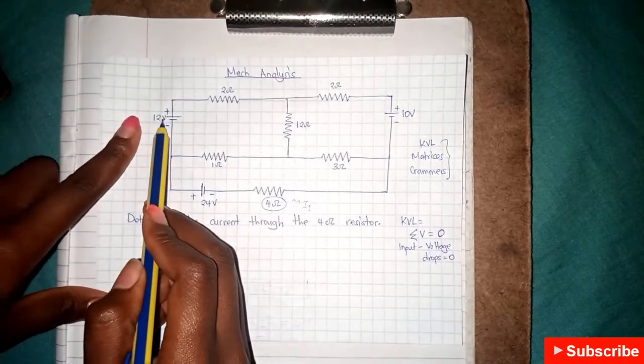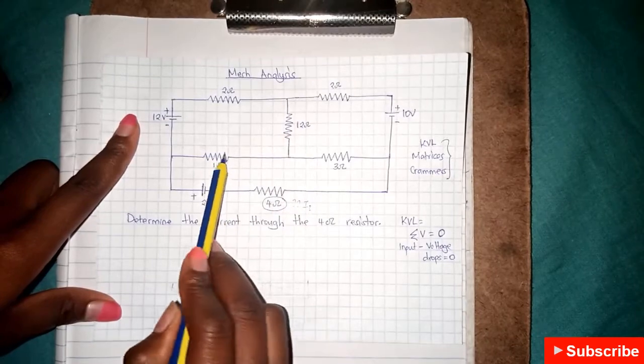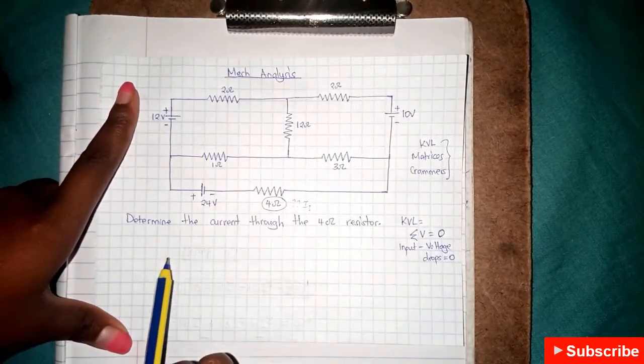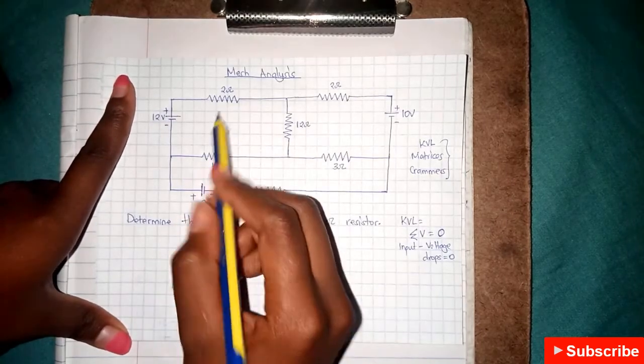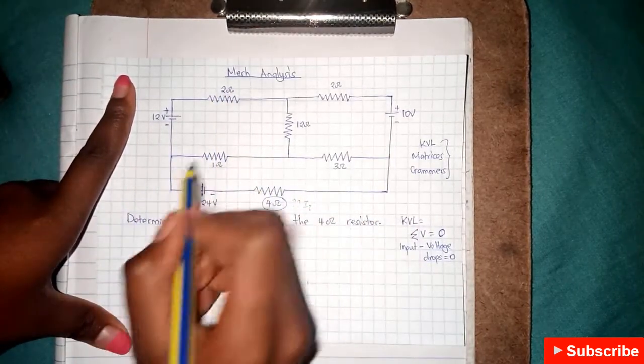So we have our input. Every resistor indicates a voltage drop because it consumes the voltage.